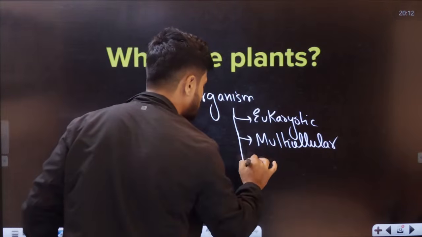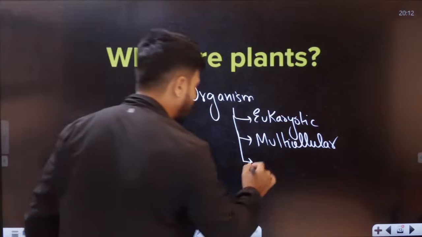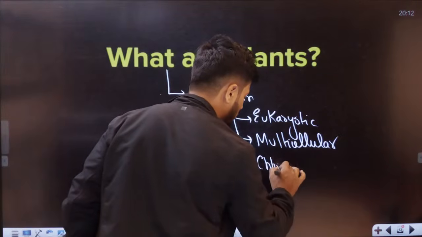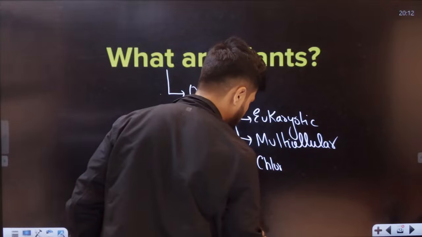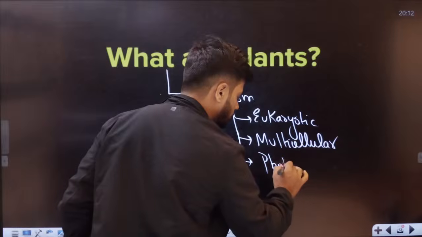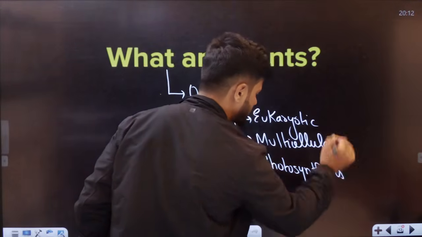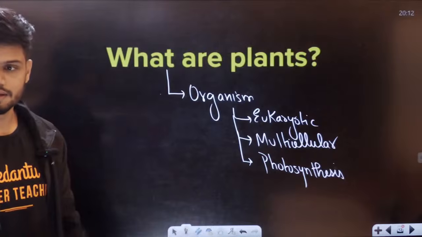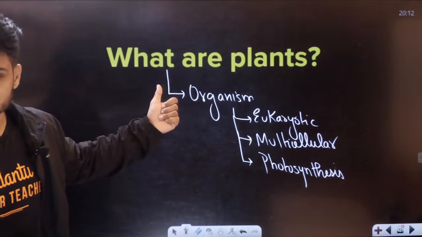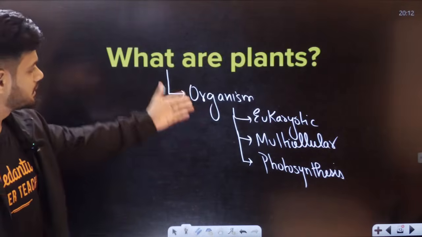It has chlorophyll pigment, and because of the pigment it can do photosynthesis. Chlorophyll is a pigment. That is a plant.